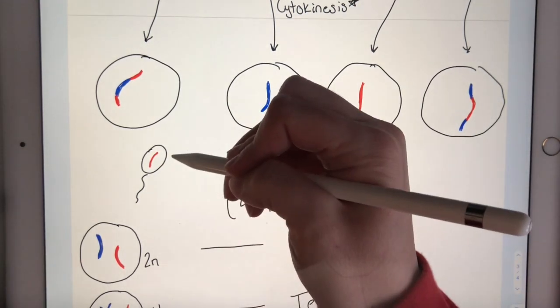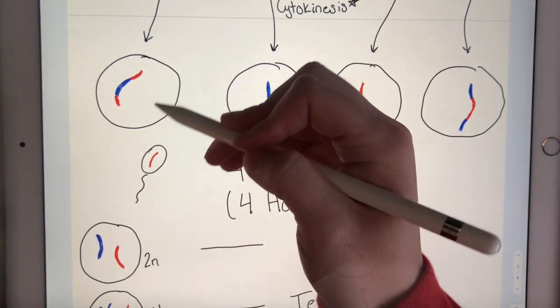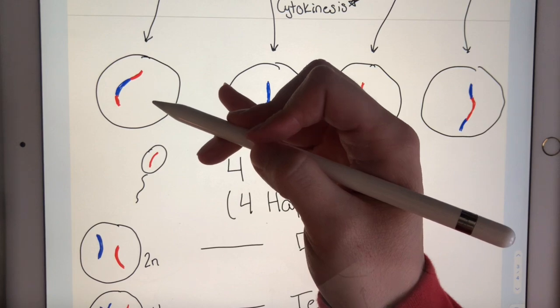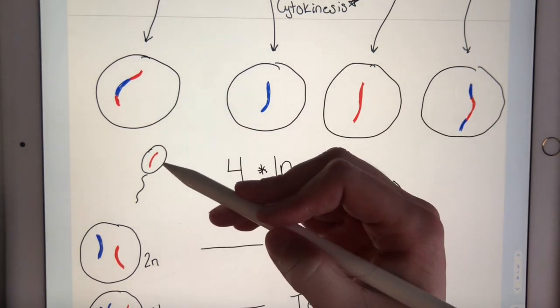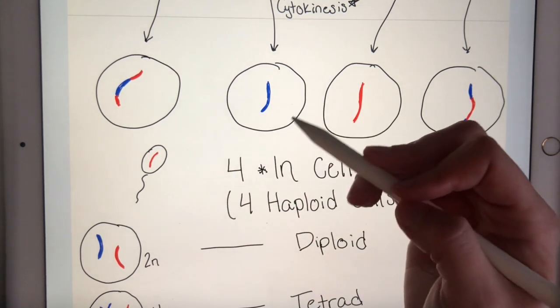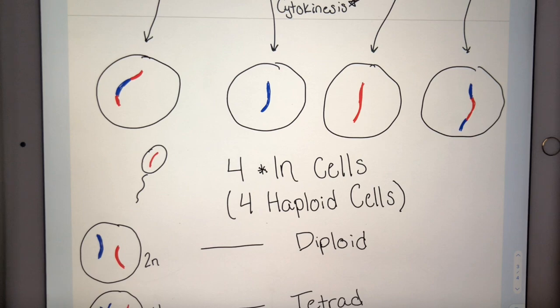So if this sperm cell fertilizes this egg cell, it's going to be a very different result than if the sperm cell fertilizes this egg cell. That's how we get so much genetic variation when we introduce sexual reproduction by meiosis.